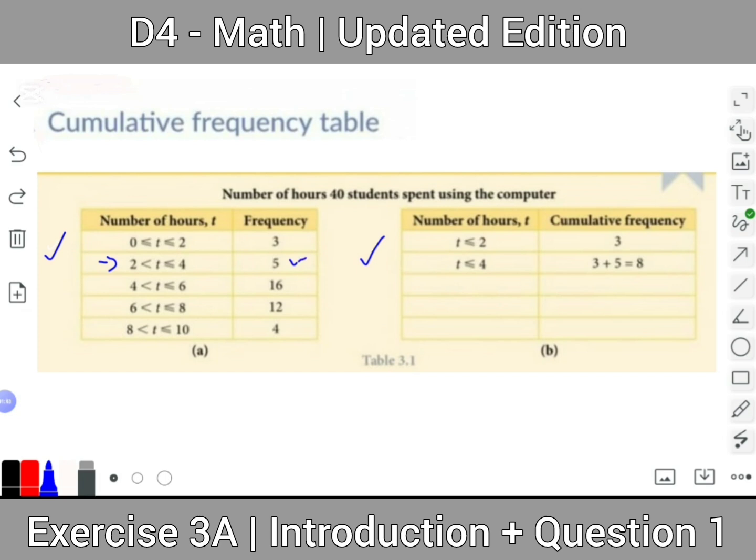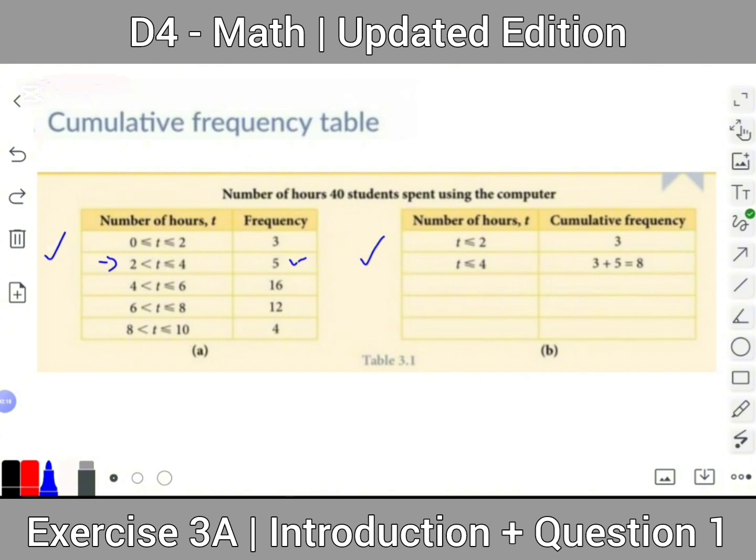But because this frequency is cumulative, we are going to include all of the previous frequencies as well. This means we want to include all of the students from the first interval and all of the students from the second interval. If we are going to get all of those students, then we need the hours that are from 0 to 4.